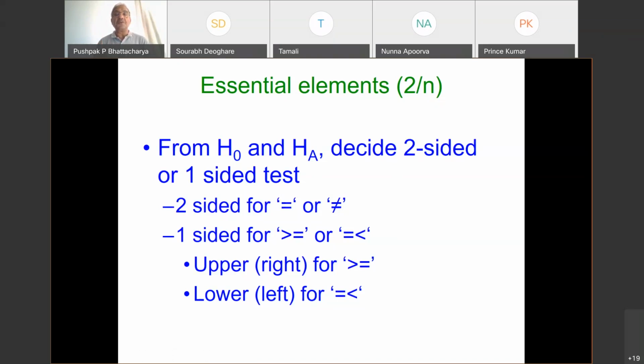It is more convenient to work with a null hypothesis in the form of equal to. Equality as an operator gives us many advantages with respect to mathematical formulation and working with that formulation.